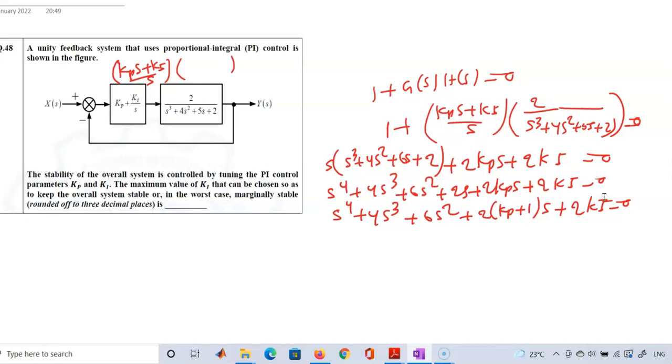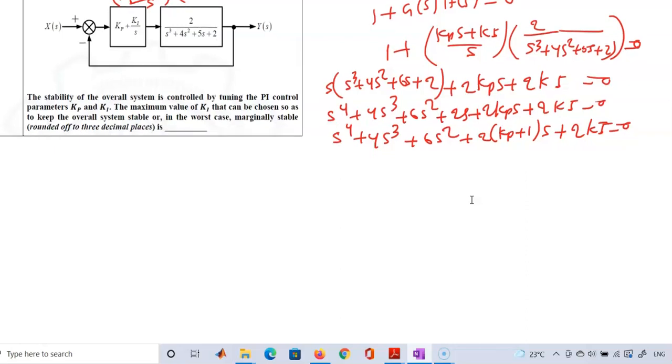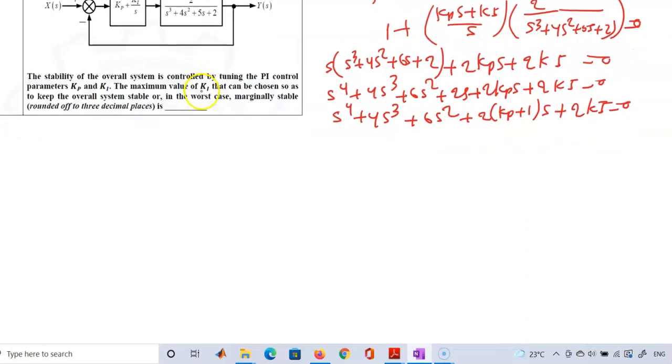Next, use the Routh-Hurwitz criteria, that is your s4, s3, s2, s1, s0.